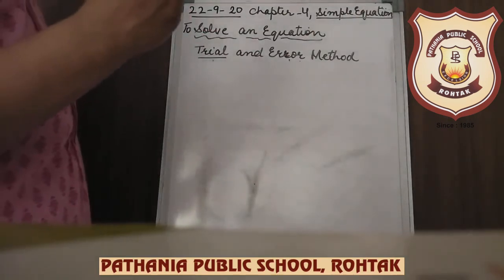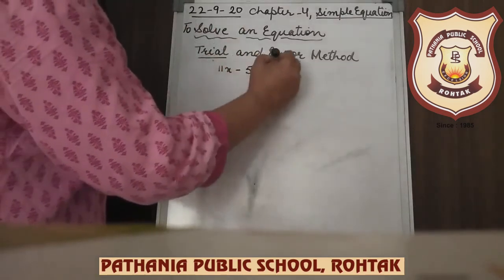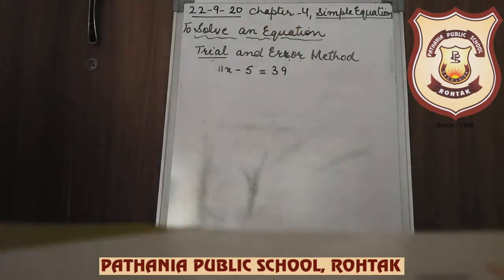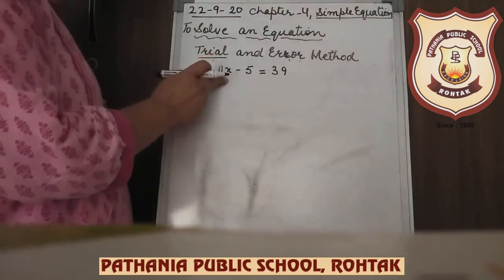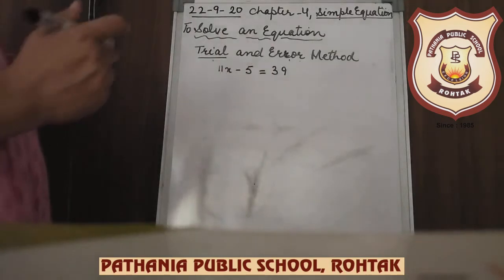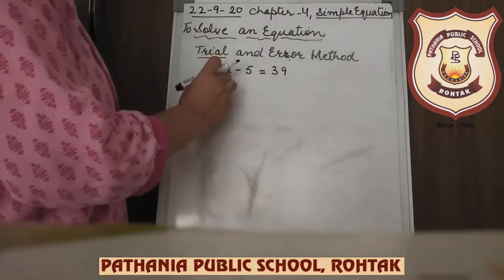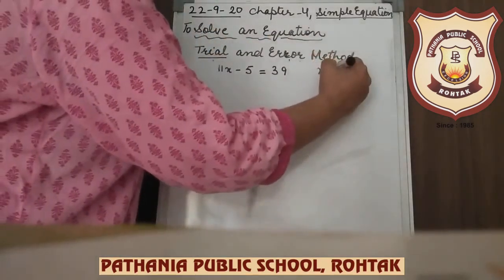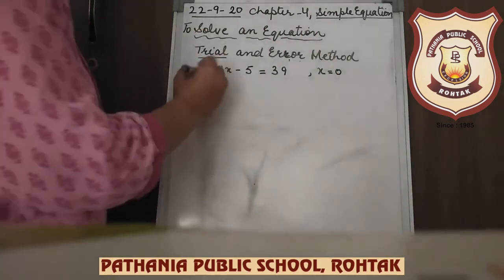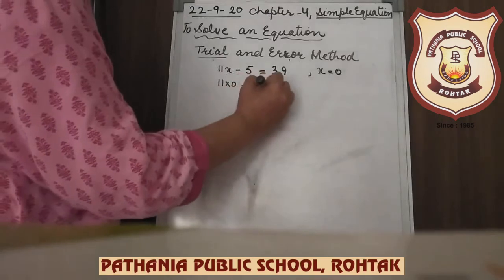Now suppose you are given an equation 11x minus 5 is equal to 39. Now if you know the tables, if I take the variable as 0, x is equal to 0, then 11 multiplied by 0 minus 5 is equal to 39.